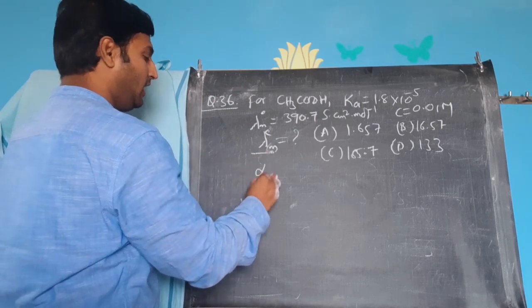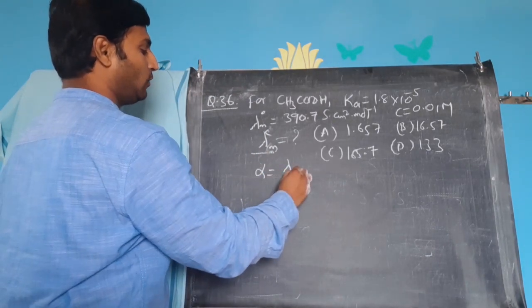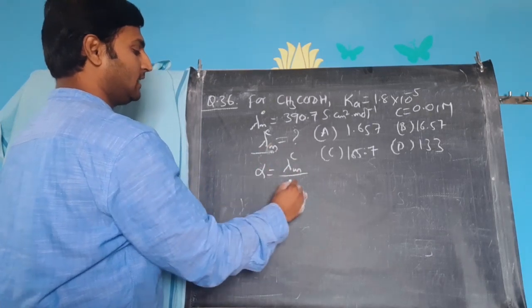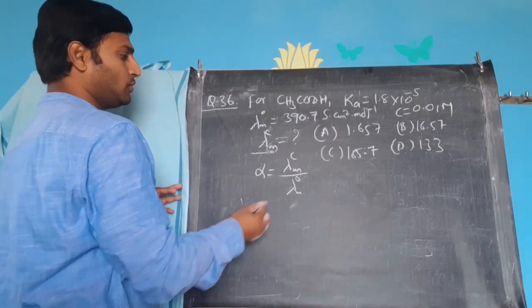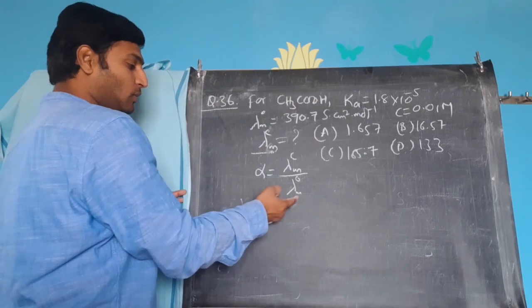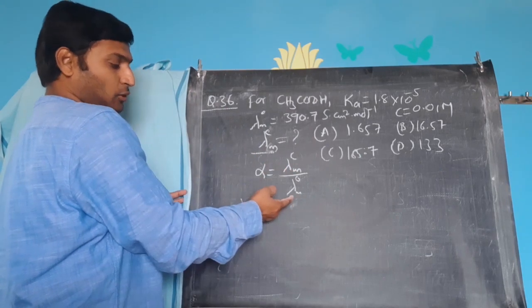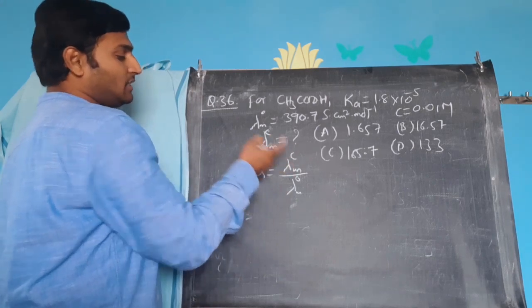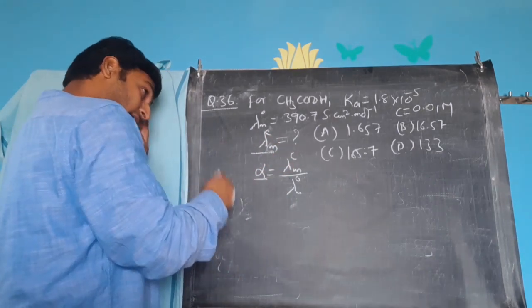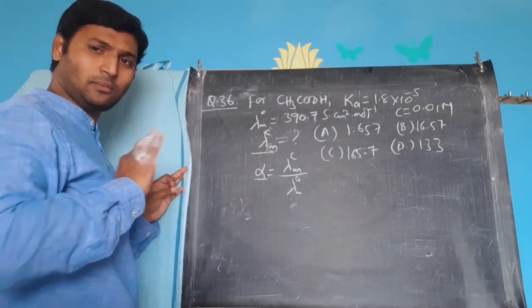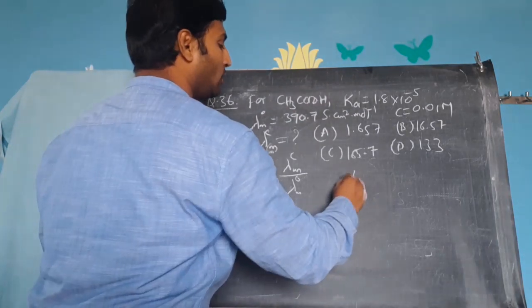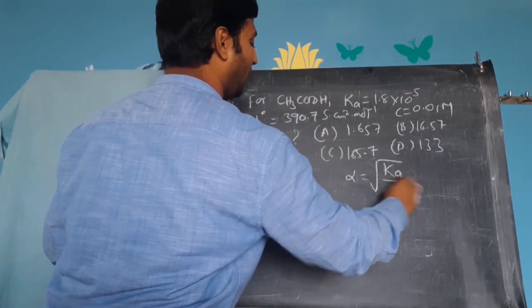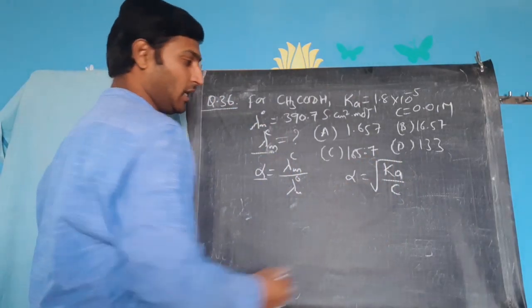Now you know very well, degree of dissociation alpha is equal to lambda m at a given concentration by lambda m at zero concentration. Previously this was given and alpha had to be calculated in the 33rd question. Here it is reverse. This is given, this has to be calculated. And for calculating alpha, as usual, he has given you Ka. So absolutely similar question. So alpha is equal to square root of Ka by C from Ostwald's dilution law.